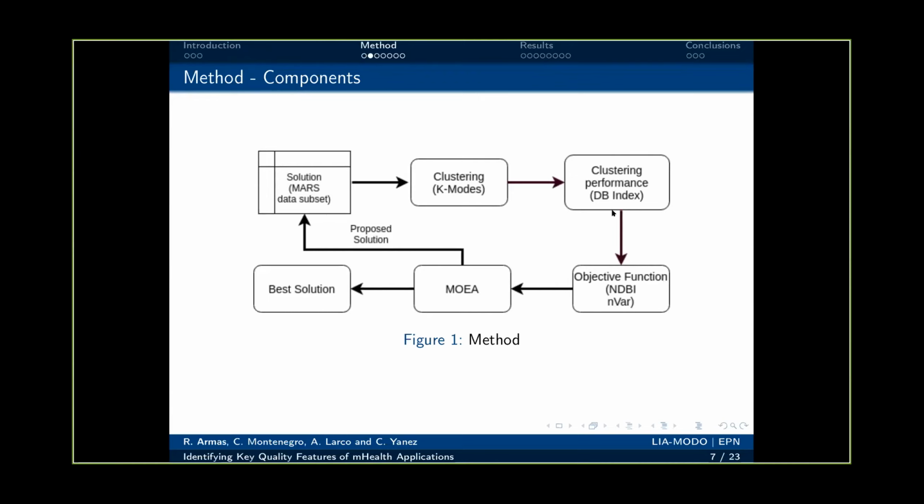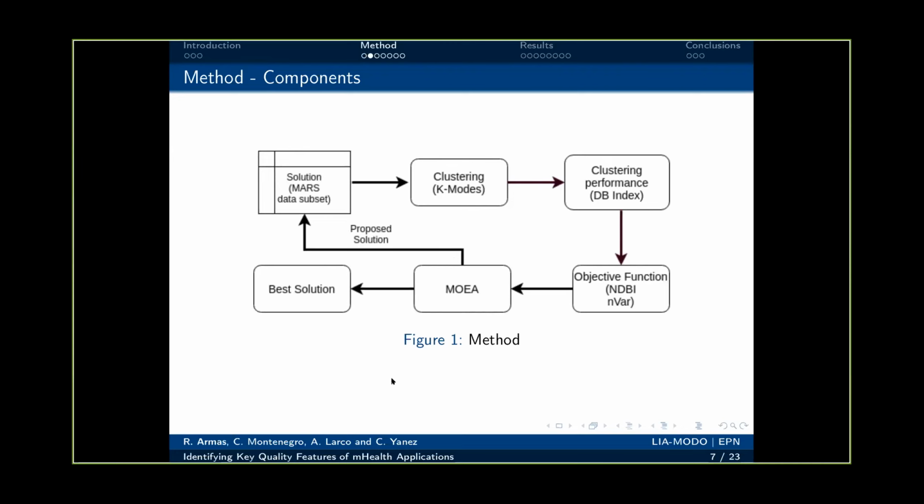Based on this index and the number of features, we build the objective functions that are used by a multi-objective evolutive algorithm in order to produce and evaluate each solution. With those newly proposed solutions, we do this process in an iterative way until a specific number of iterations, and finally, we have the best solution.